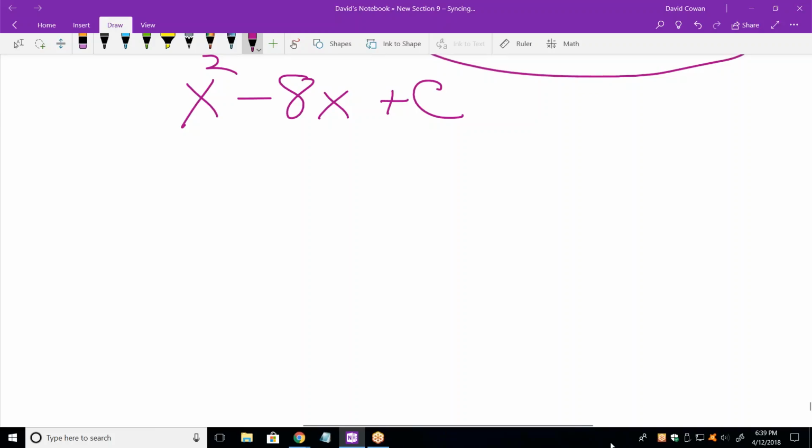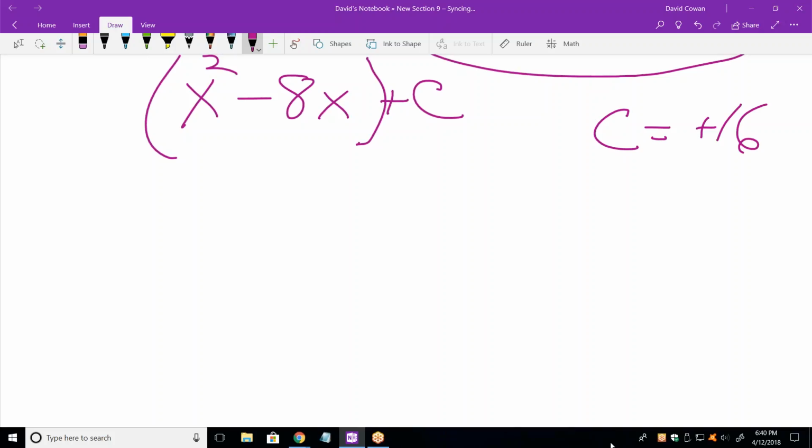Same process. In other words, you take half that coefficient of the x term and square it. So would it be negative 16 or positive 16? Positive. It's always positive.